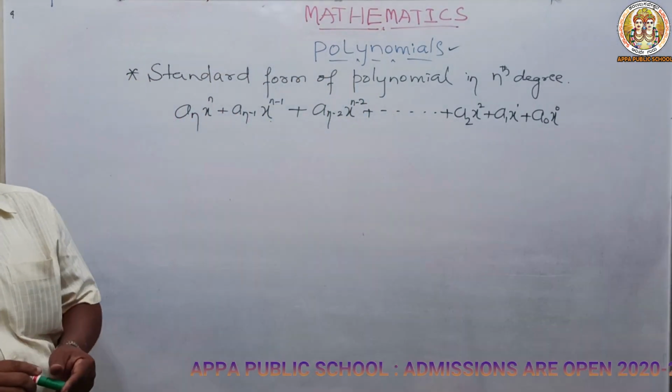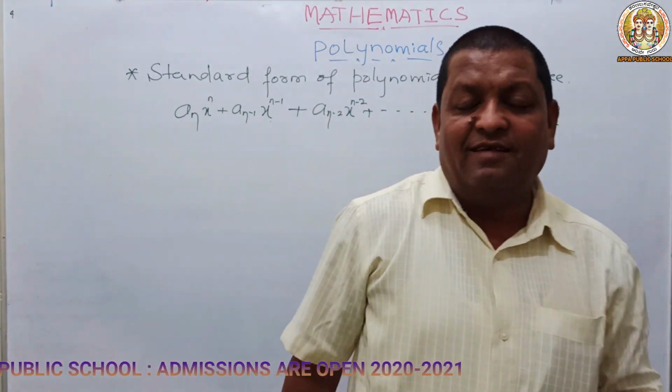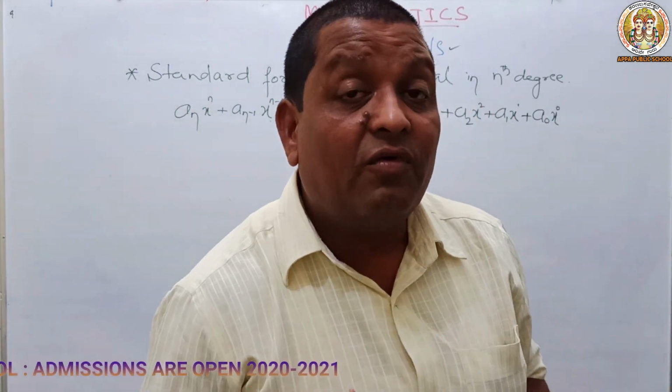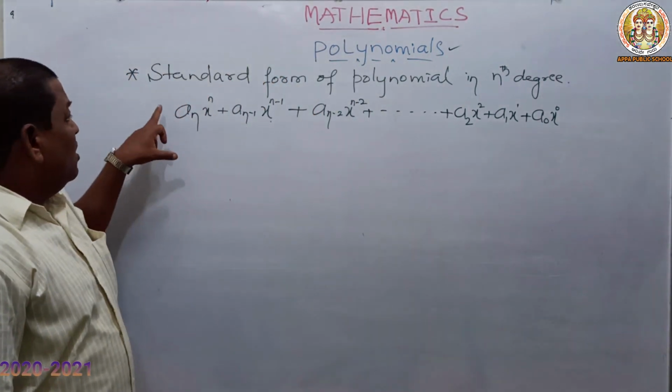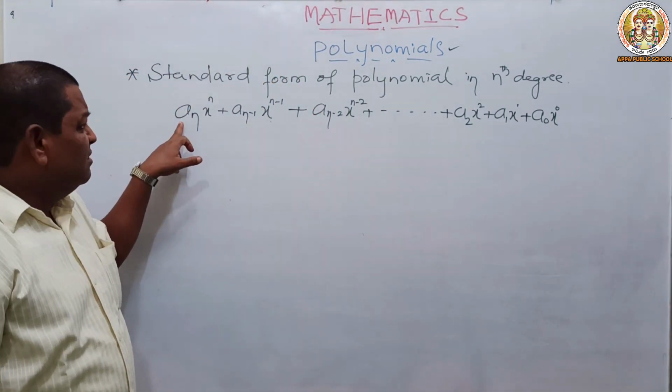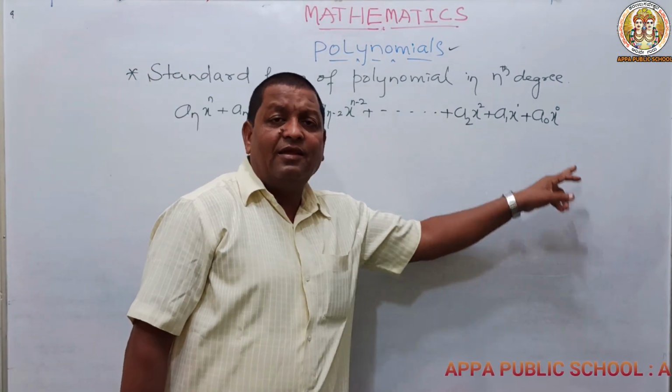So this is the polynomial of nth degree, standard form. Let me tell, what is this? an minus 1, an minus 2, a2, a1, a0?